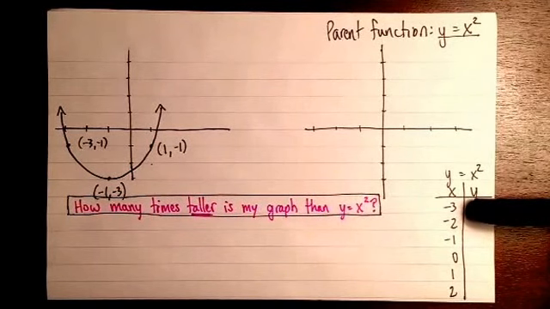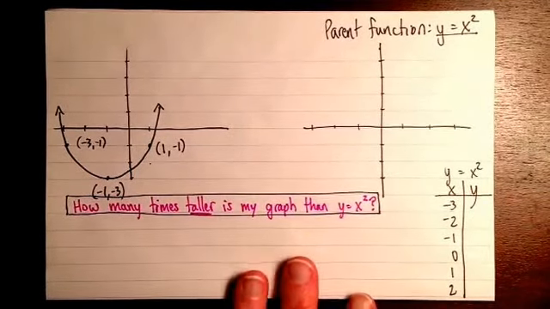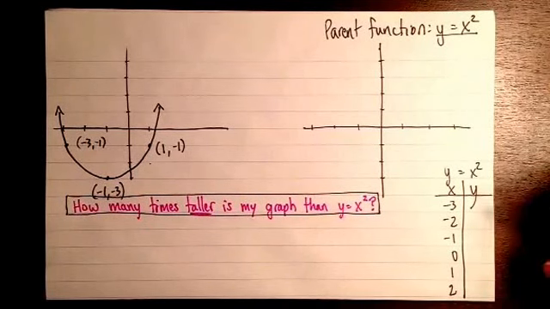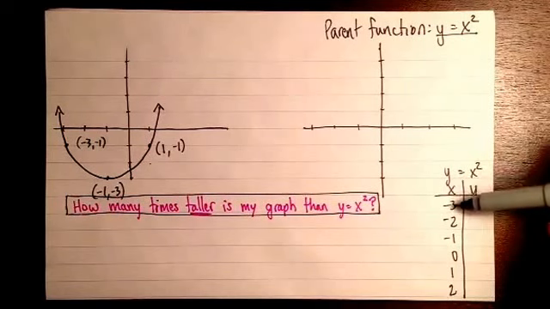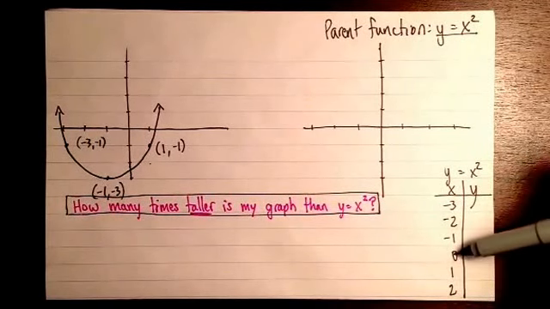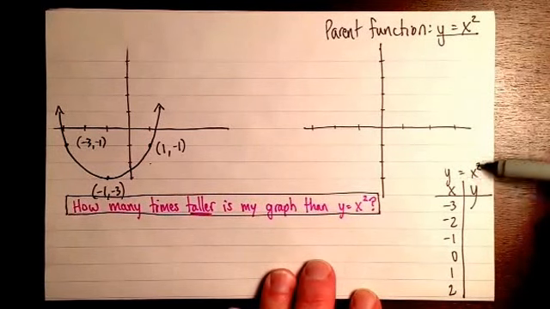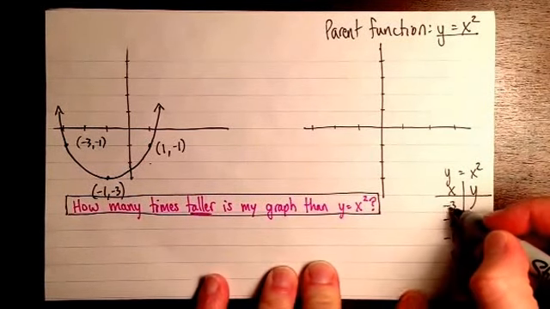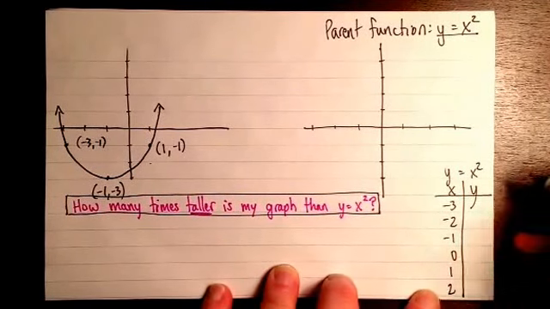Please ask me questions if you're not sure about this, but this should be pretty easy eventually. So if it's not, then come talk to me. So if y equals x squared, I can jot down some x values near 0 here. To find the y value, it's just x squared. So if x is -3, y is -3 squared, which is -3 times -3.